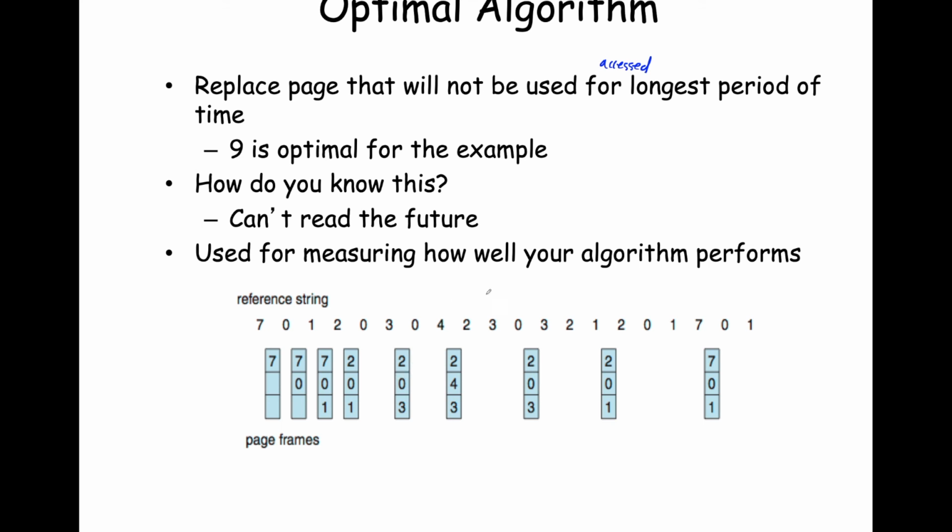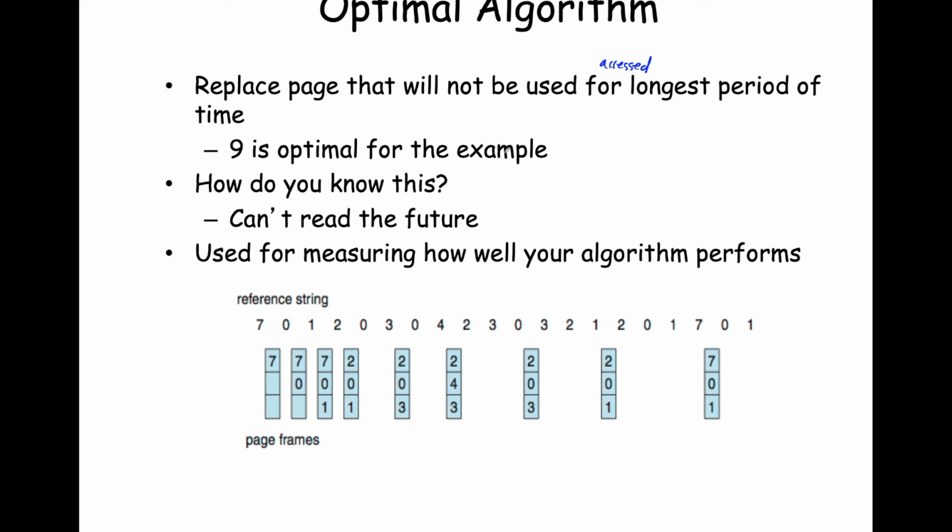And so doing that, or considering this idea of which page will be unused for the longest period of time, and replacing that one first, you eliminate Belady's anomaly by making sure that pages that are accessed more frequently over time tend to stay in frames longer, i.e. they're not considered first for being replaced by the page replacement algorithm.